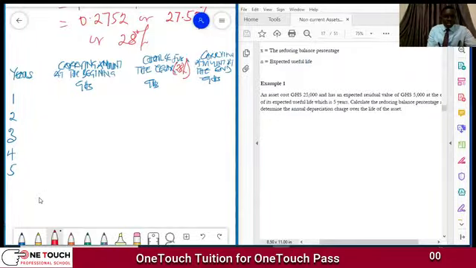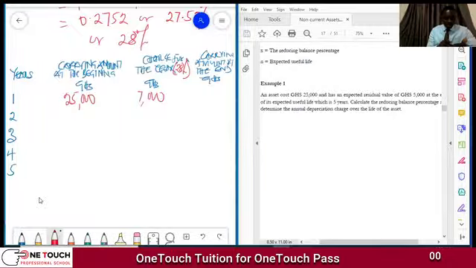So let's see the carrying amount, about 25,000 times 28%. That is 7,000.